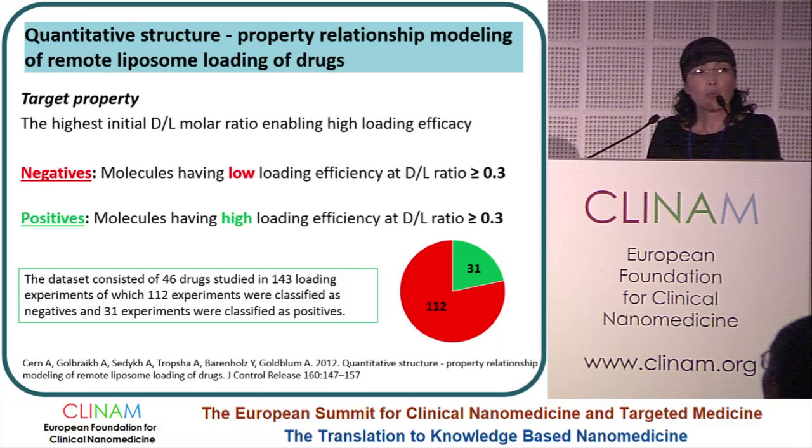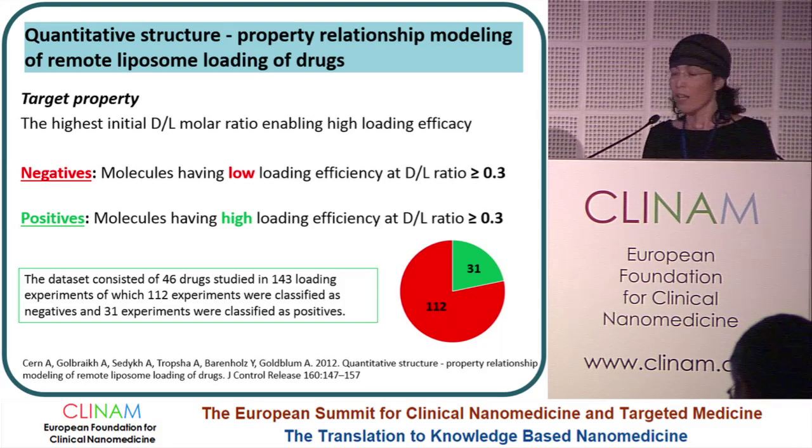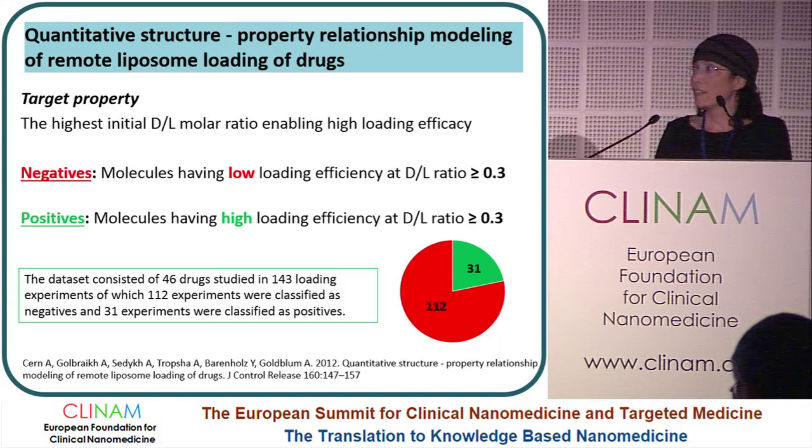That ratio we defined as 0.3, and all molecules that had low loading efficiency at this ratio were regarded as negatives, and molecules having high loading efficiency at this ratio were regarded as positive. The final data set consisted of 46 drugs studied in 143 experiments, most of them, 112, were negative, and 31 experiments were classified as positive.